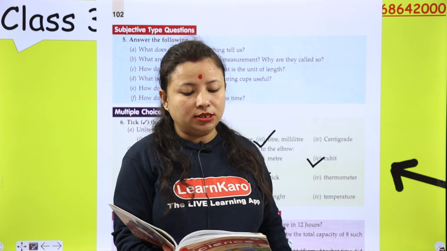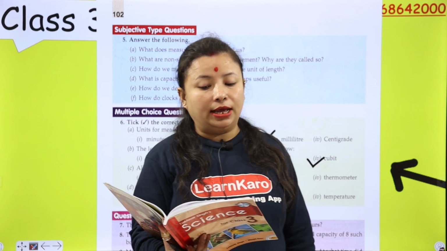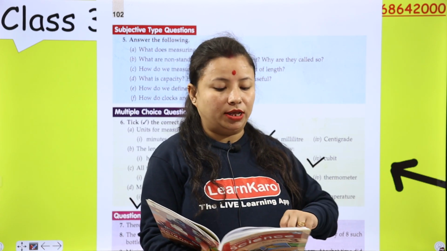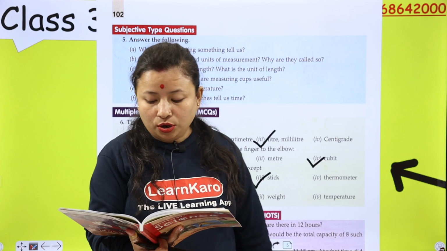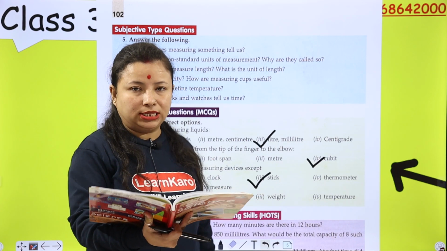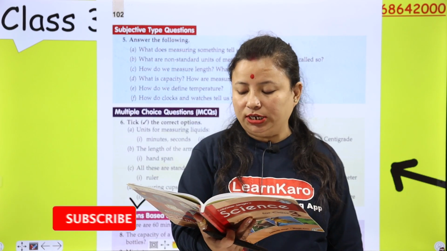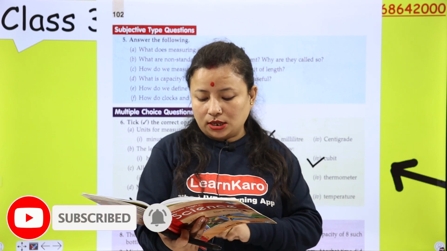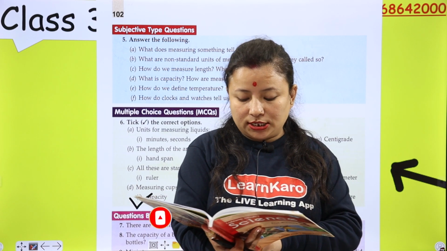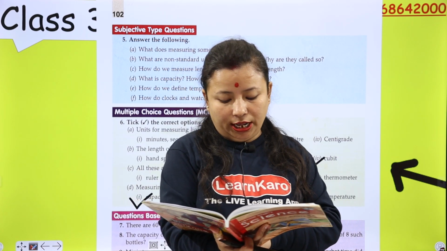Number 3 is, how do we measure length? What is the unit of length? We use tools such as rulers and measuring tapes to measure the length of things, and meter is the standard unit of length.